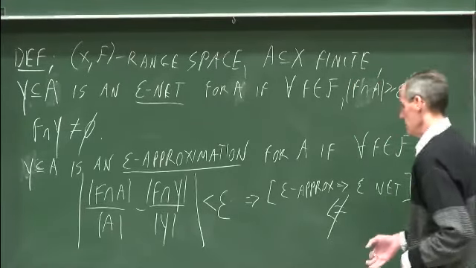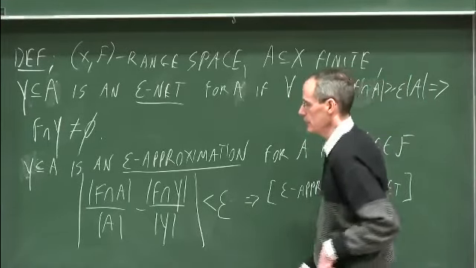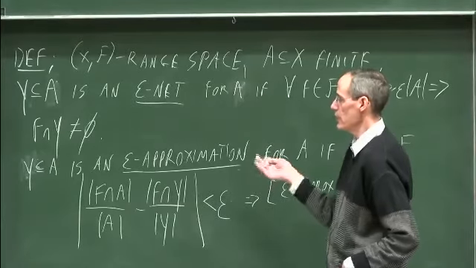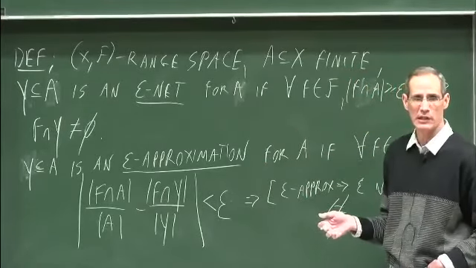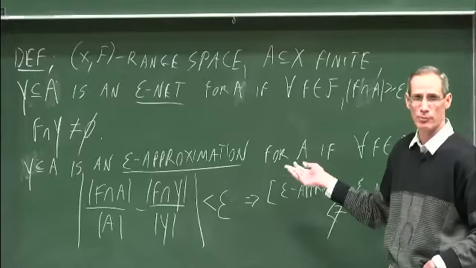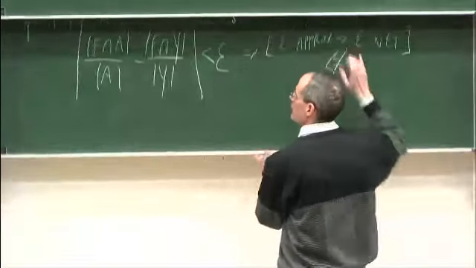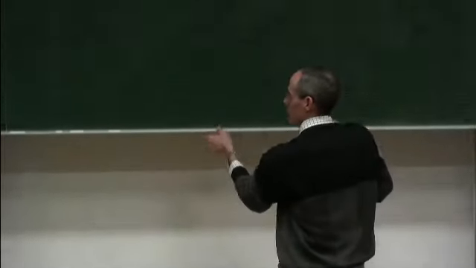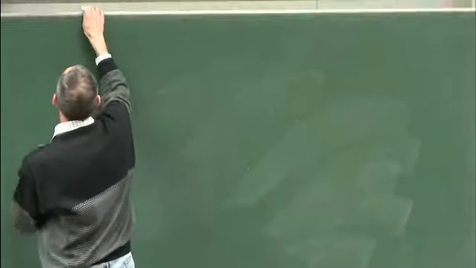And then there is this result of Vapnik and Chervonenkis that finite sets in range spaces of finite VC dimension have small epsilon approximations. And the same, of course, holds for epsilon nets.